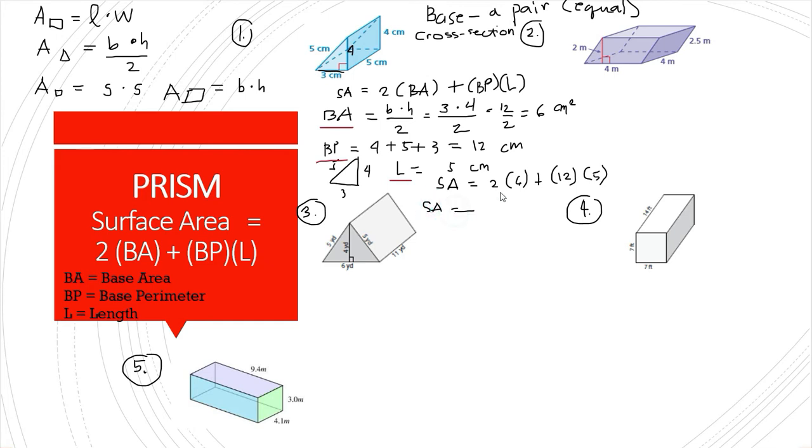Surface area is equal to 2 times 6, which is 12, plus, what is 12 times 5? It's equal to 60. Alright? Next, it will become 12 plus 60 is equal to 72. So the surface area is 72. Then don't forget the unit, square centimeters. Right? So this is our first example.